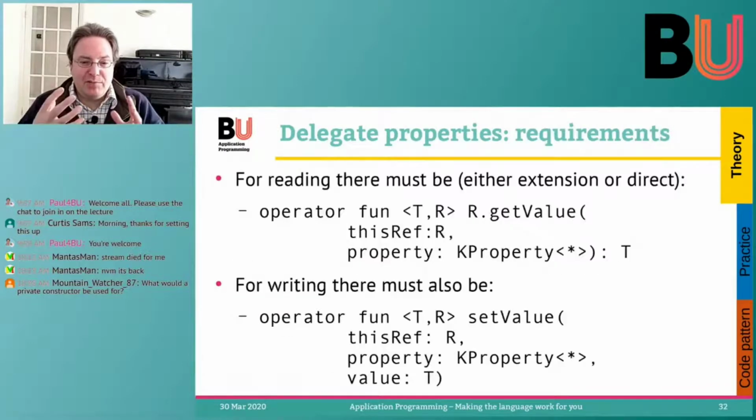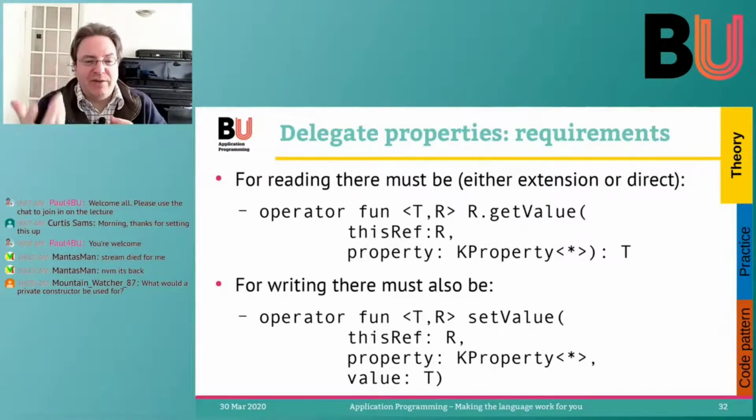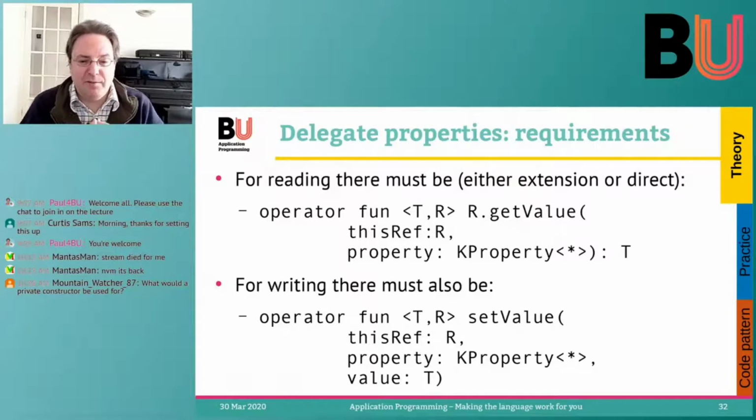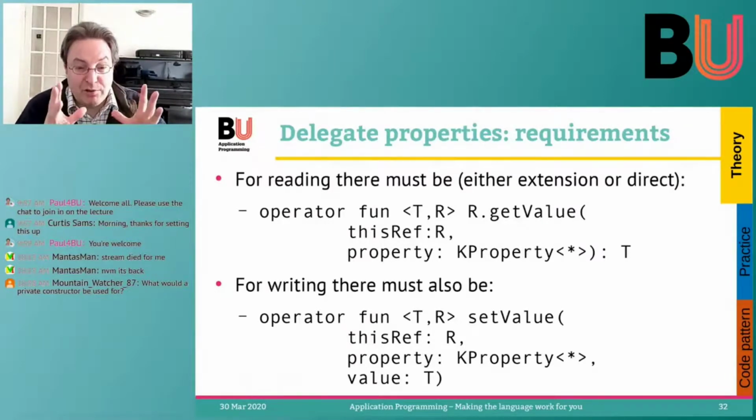So what is required to make this work? The delegate needs to have an operator get value with this particular signature. It needs the parameter this ref. Look also at the documentation of course.